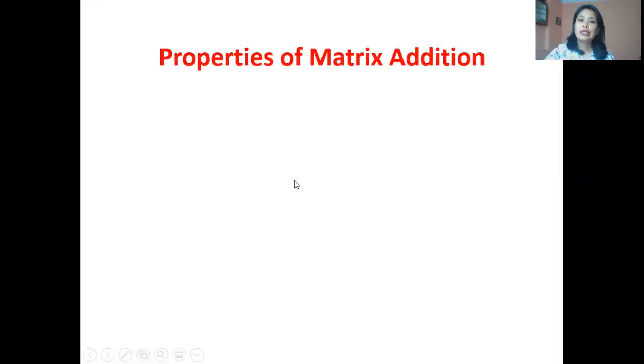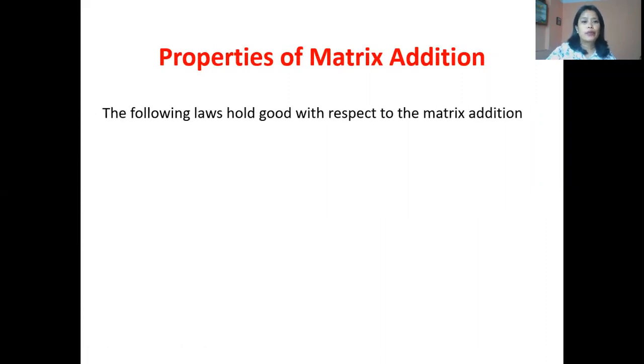Now, I am switching to another topic of matrices, that is properties of matrix addition. It says the following laws hold good with respect to matrix addition.